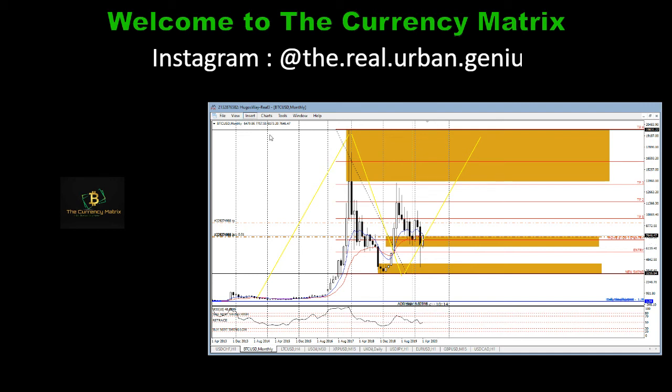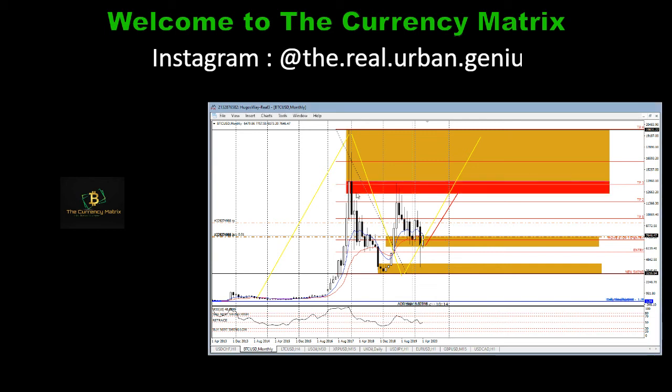But if we do, it won't be a severe one. It will be something like this. There, just simply to retest this zone in here. And the reason I say that is because these highs closed. These highs here closed there. So we'll be retesting this area.